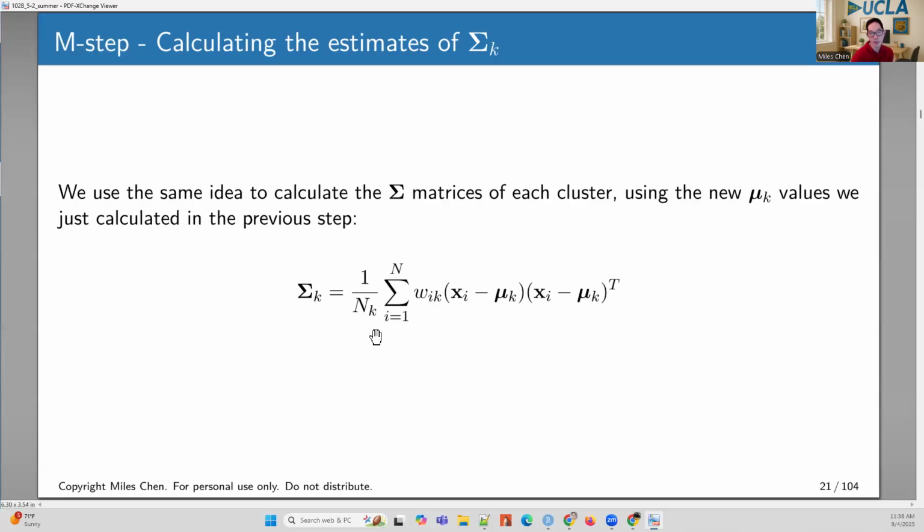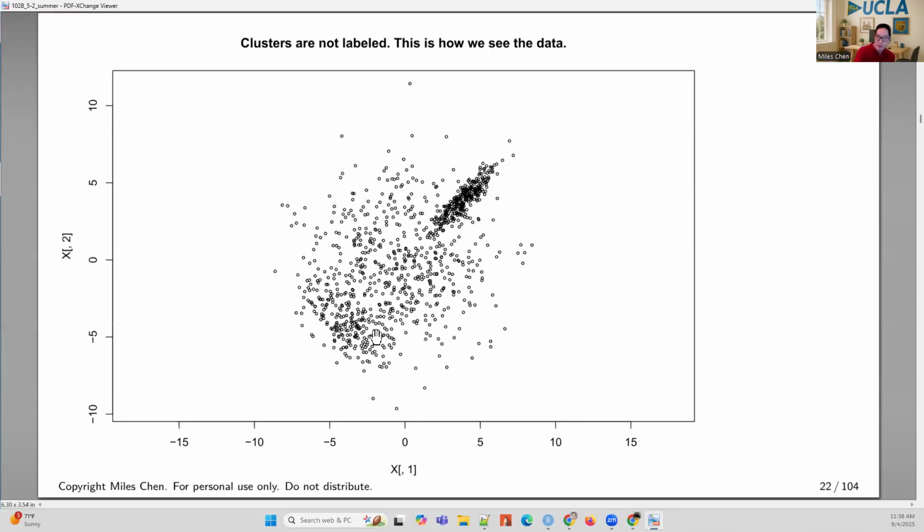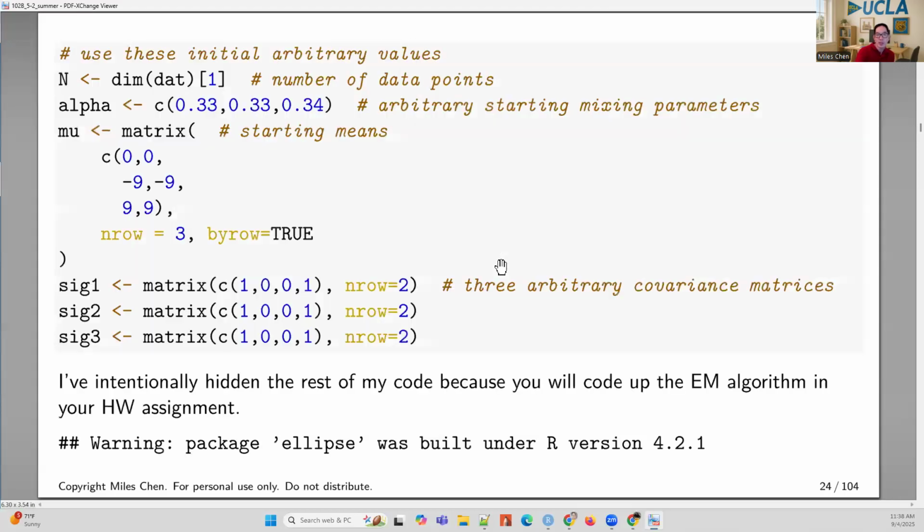Basically, you will implement this algorithm in your homework assignment to do the EM algorithm. Here our clusters are not labeled. This is how the data come in, and so you have to start off with some initial guesses.